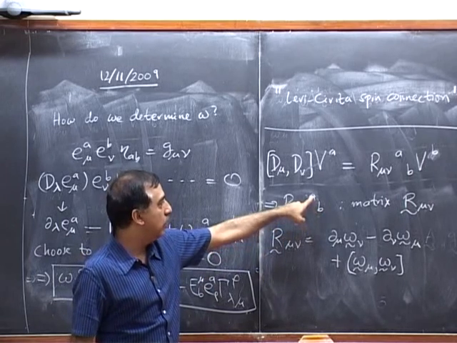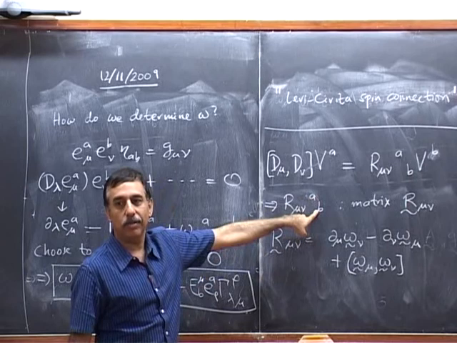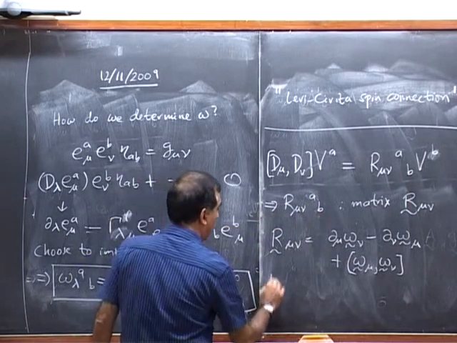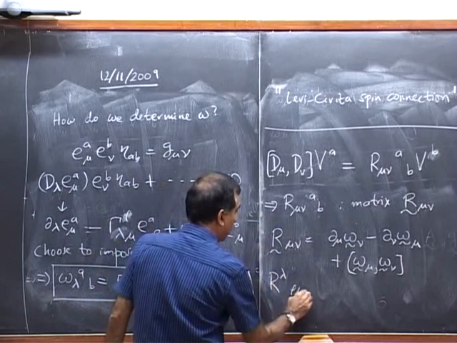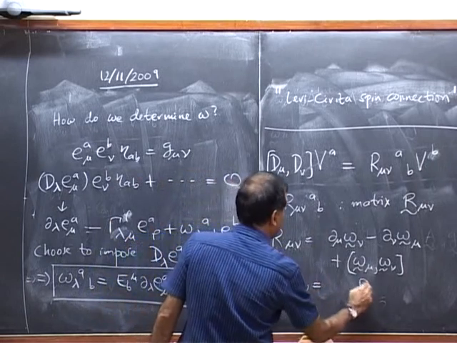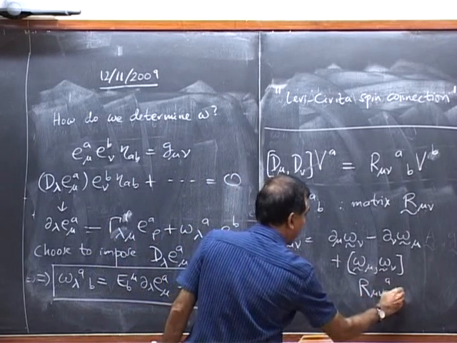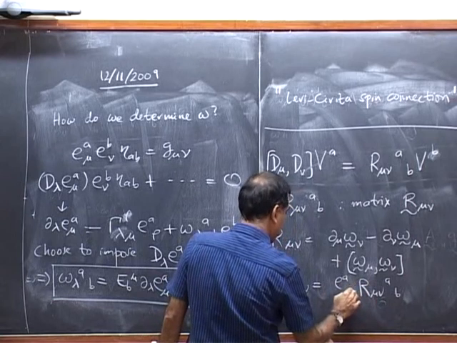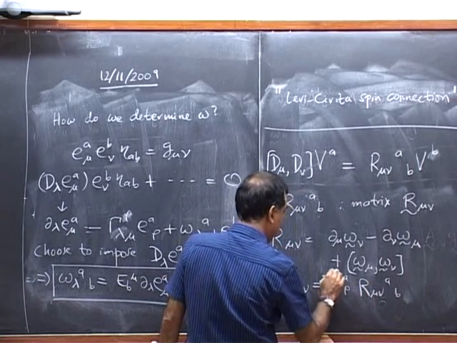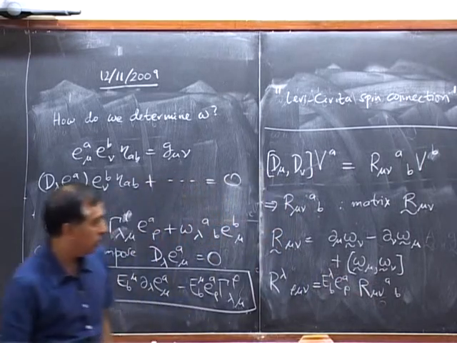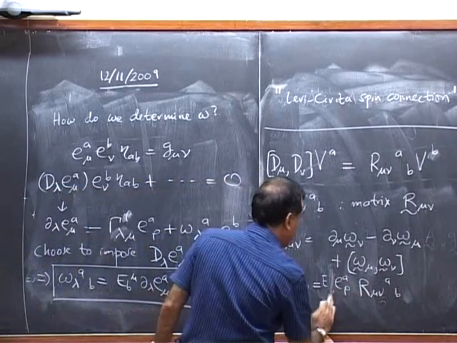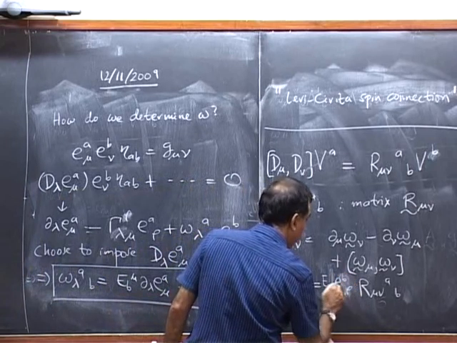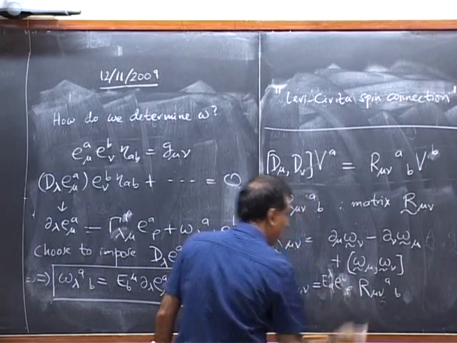What would happen if I used the orthonormal frames to convert these also into GCT indices? I can do whichever way I like. So I can define R lambda rho mu nu by starting with R mu nu AB and multiplying with E_A rho and E_B lambda.